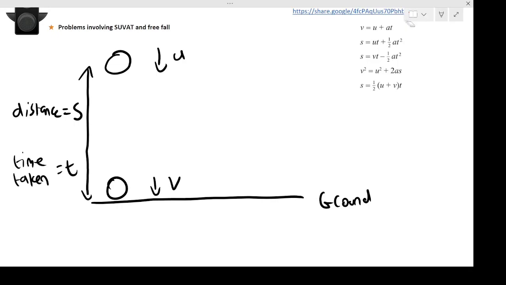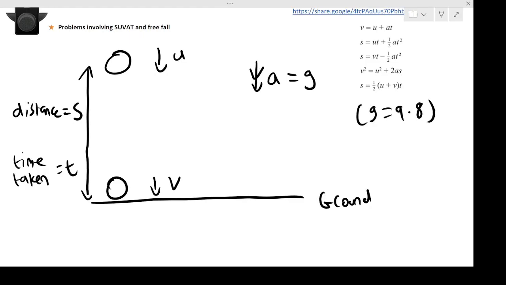When things are falling down in what we call free fall, the acceleration is quite unique. The acceleration downwards is g. Remember g was this 9.8, which hopefully you're familiar with.